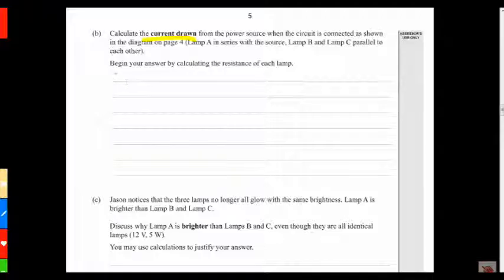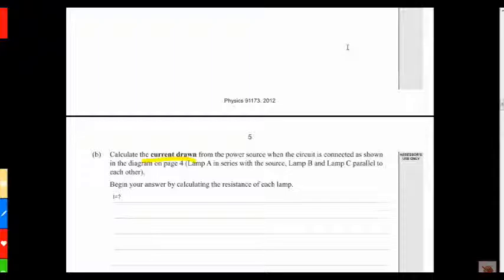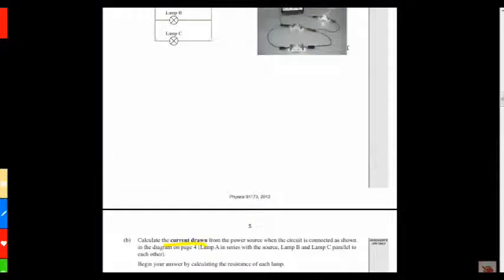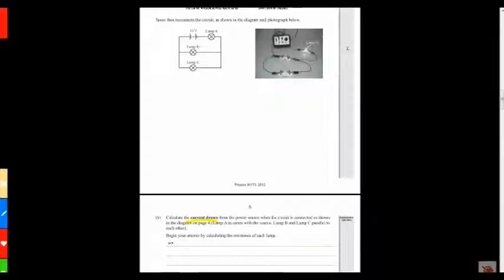So I will immediately make note. It's my question. When the circuit is connected as shown in the diagram. Let's try and get that up as well. There we go.